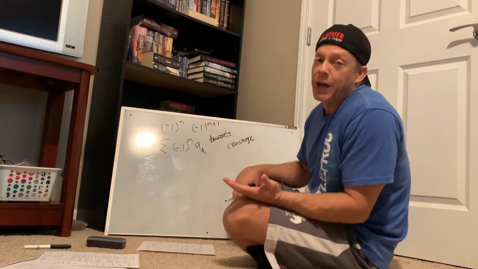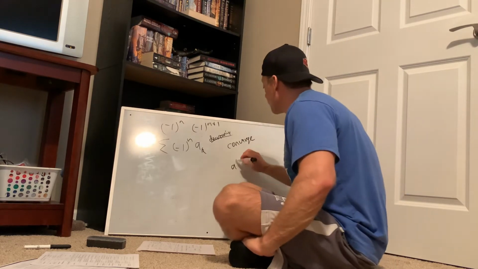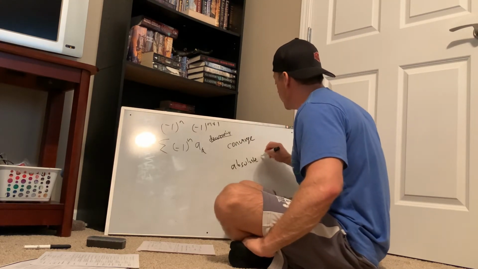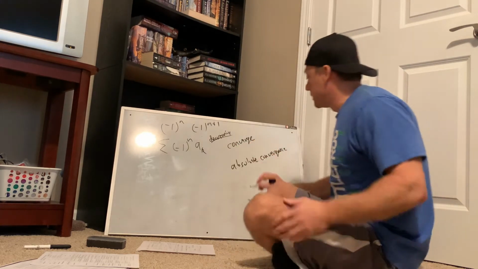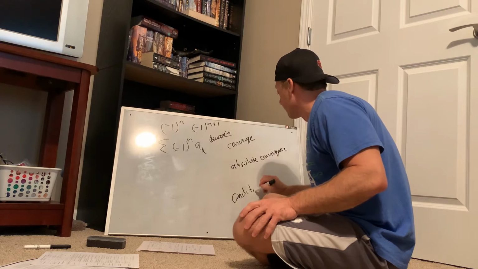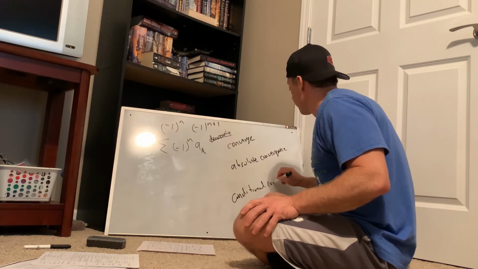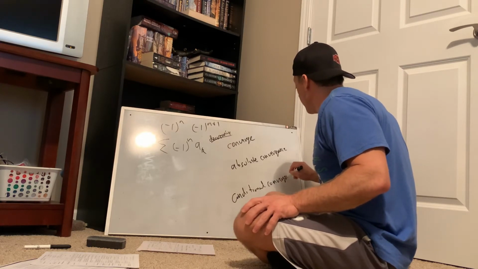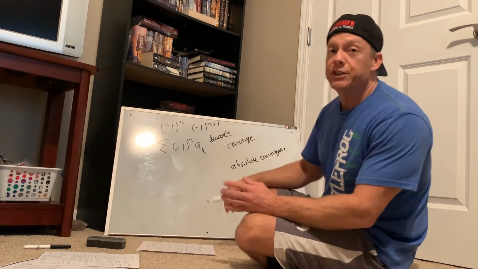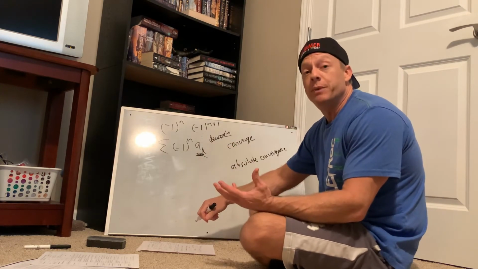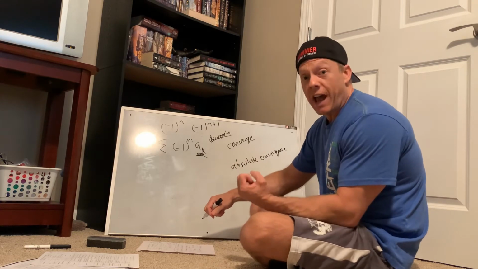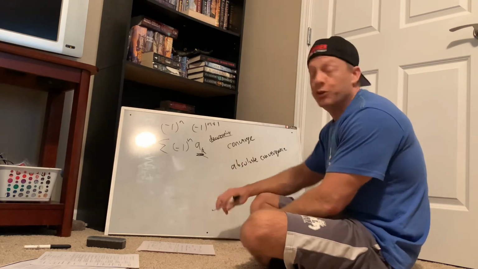Now, there are going to be two types of problems. One of them will say absolutely converges, and the other is going to say conditionally. The difference between these two is just this. If the absolute value of this guy right here diverges, then it's not absolutely convergent.